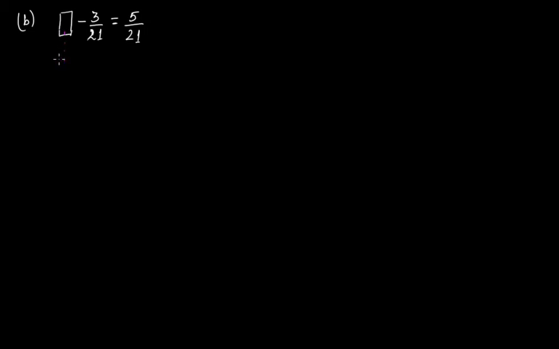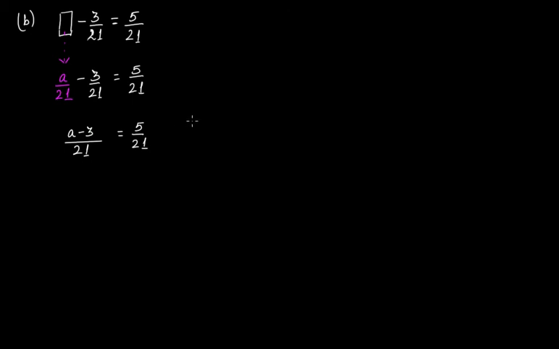So if I think of it as a divided by 21, minus 3 divided by 21, equals 5 divided by 21, then to solve this, the denominator will be 21 and the numerator will be a minus 3, because we simply subtract the numerators. So a minus 3 is 5 divided by 21.